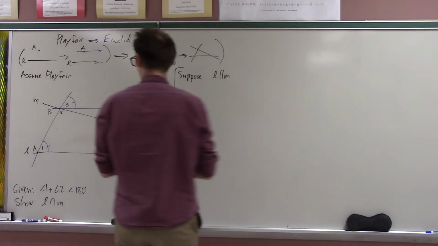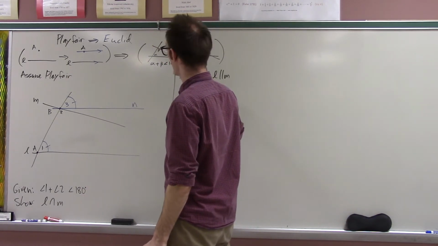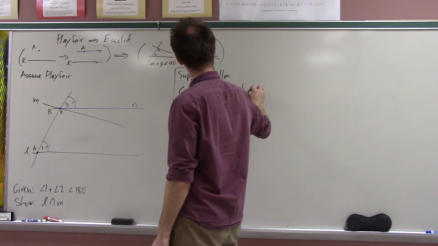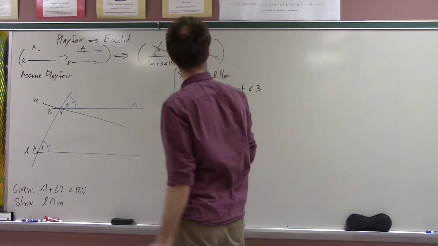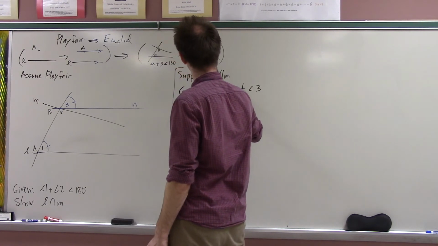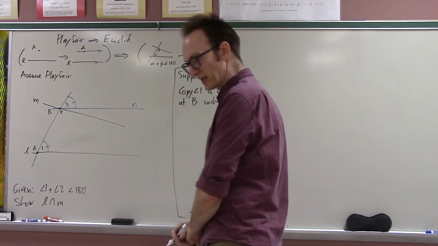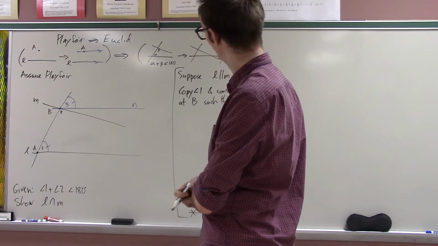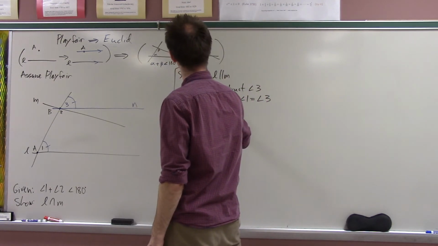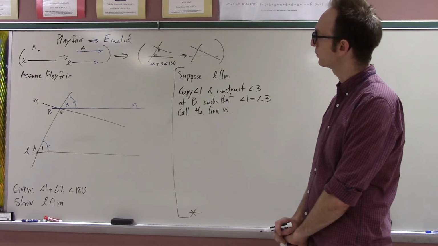So copy angle 1 and construct angle 3 at B such that angle 1 equals angle 3. I think this is what I want to do. Call that line N. Why is that so great?